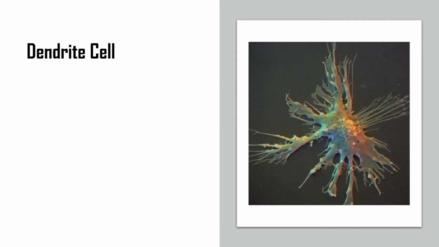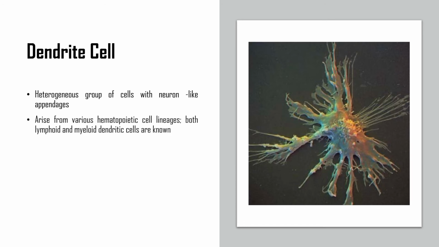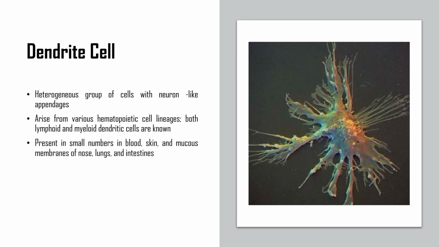Moving on to dendritic cells. They are a heterogeneous group of cells with neuron-like appendages. They arise from various hematopoietic cell lineages. Both lymphoid and myeloid dendritic cells are known. They are present in small numbers in blood, skin, and the mucous membranes of the nose, lungs, and intestines.